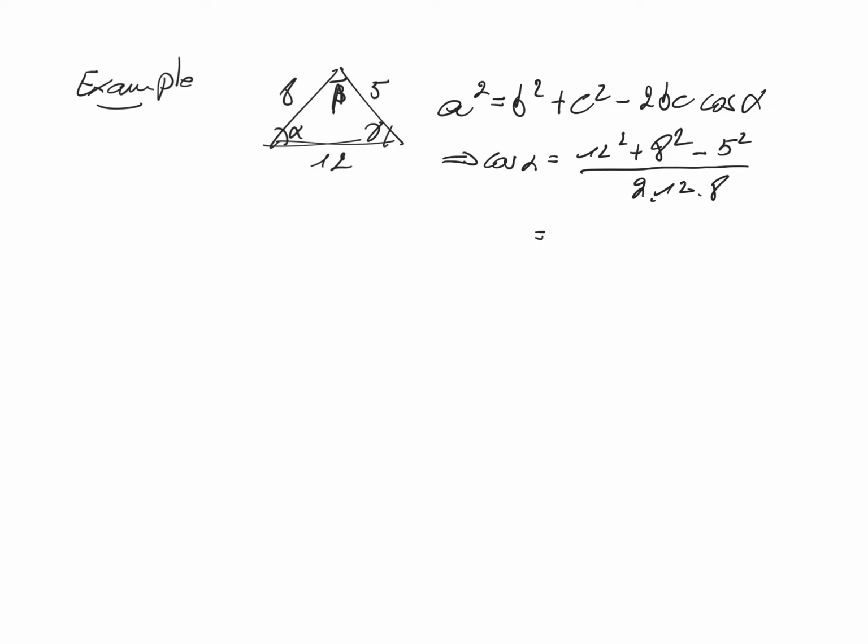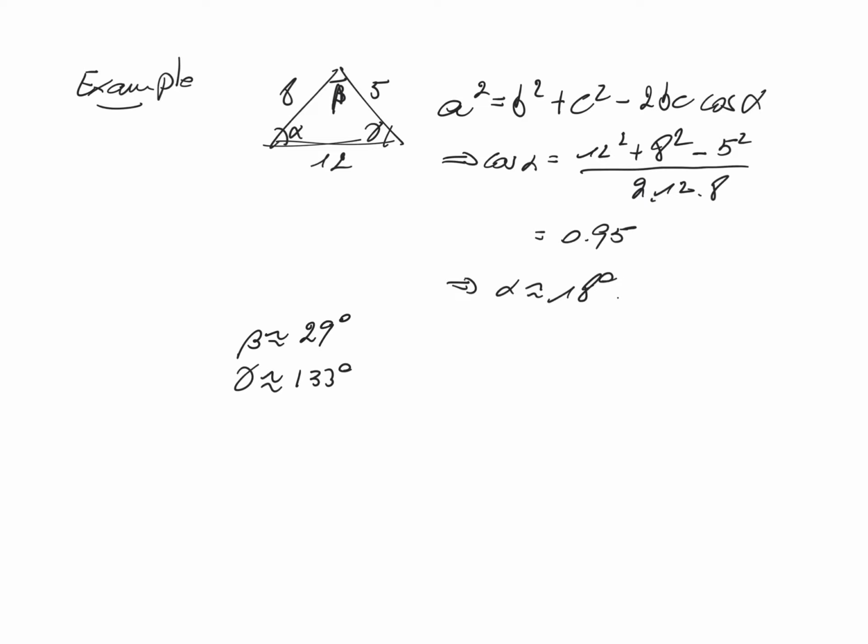And so cosine of alpha equals 0.95. This gives an angle alpha of approximately 18 degrees. Similarly, you can find that beta is approximately 29 degrees and gamma approximately 133 degrees.